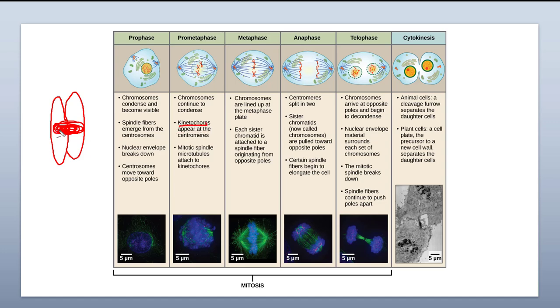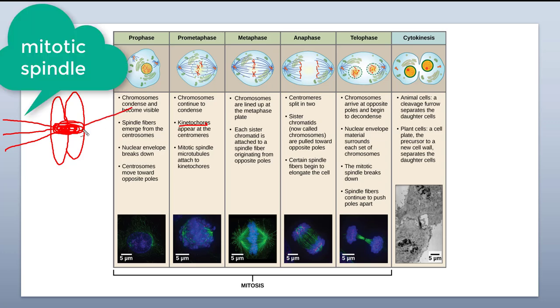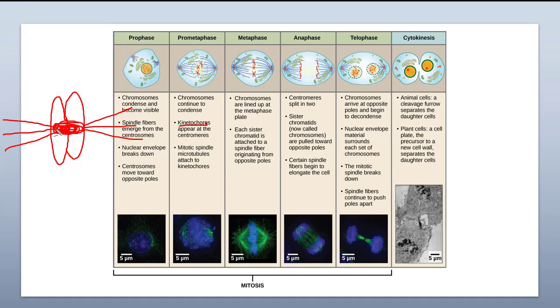So the kinetochore is the site where the mitotic spindle will attach. So the mitotic spindle is going to attach to these little kinetochores, which happen to be on the centromeres.